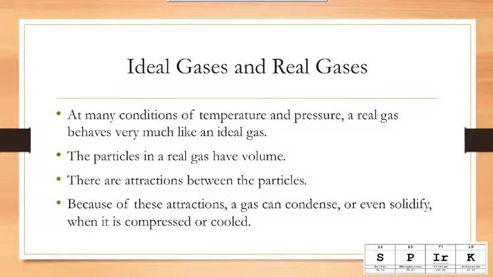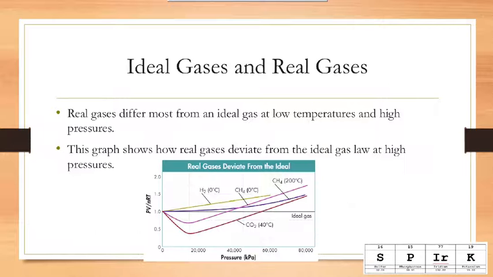Because of these attractions, a gas can condense or even solidify when it's compressed or it's cooled, which we know because we recently were going over phase diagrams, and we saw deposition, things like that. So real gases differ most from an ideal gas at really low temperatures and really high pressures.